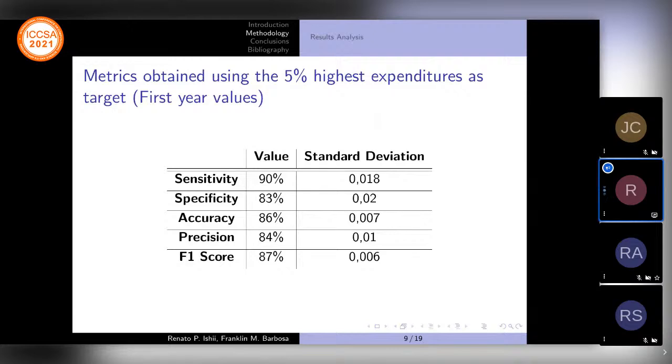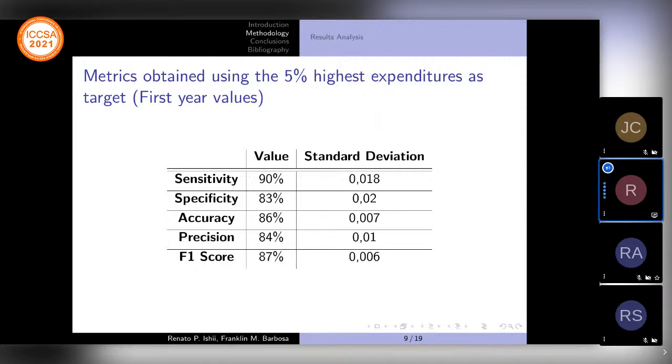Every model was trained separately 100 times, each using different low-cost records. The results for each network were logged, and the average result for each metric was calculated using the results found in each iteration. This process was done twice, once using the same year expenditure, which in this slide considers first year values as a parameter to define high cost individuals, and then using second year values.